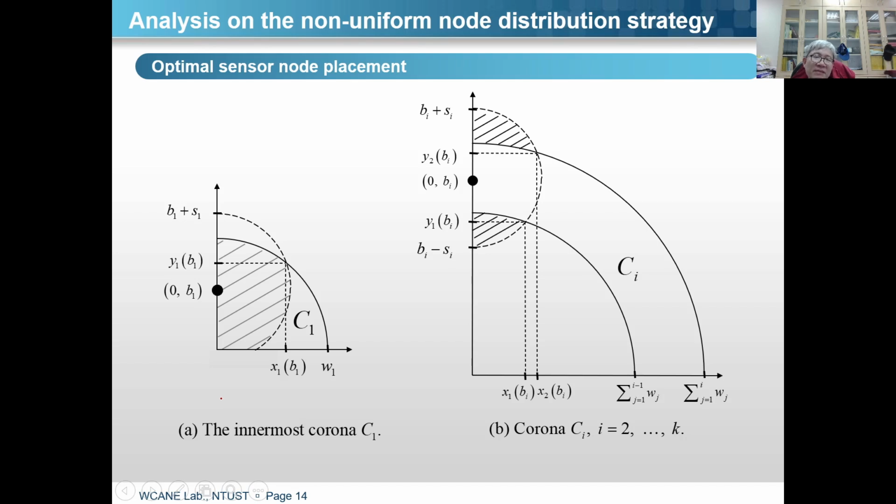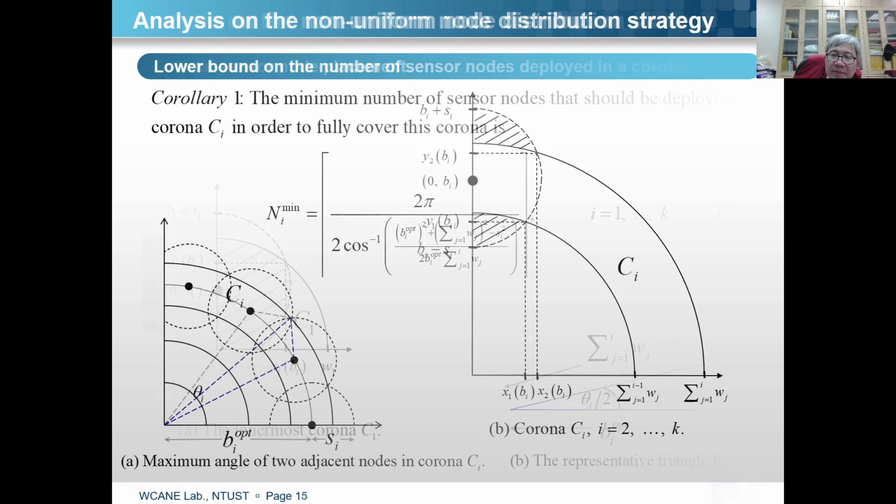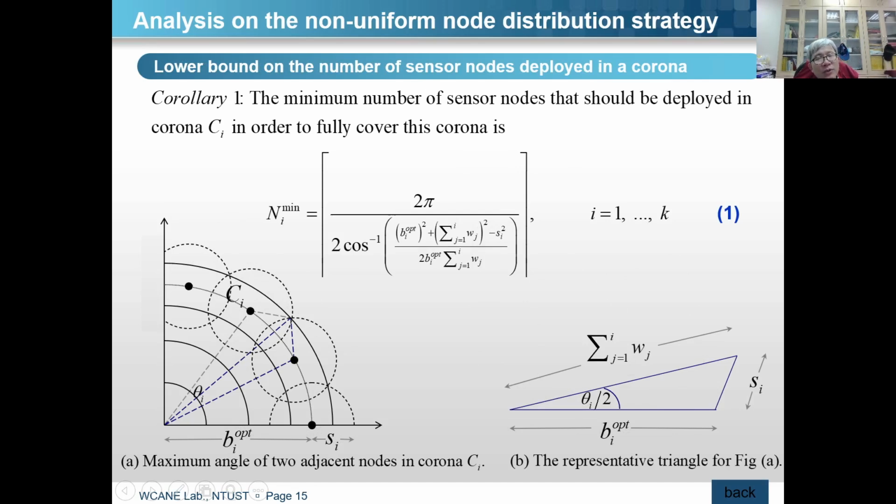We try to maximize the coverage. If we can find the position so that the coverage is maximized, then we will put a node at that position. So this is the way to have the optimal sensor node placement. Once we have that derivation, we can try to have the suitable separation, which lets us have the lower bound of the number of sensor nodes required and deployed in a corona.